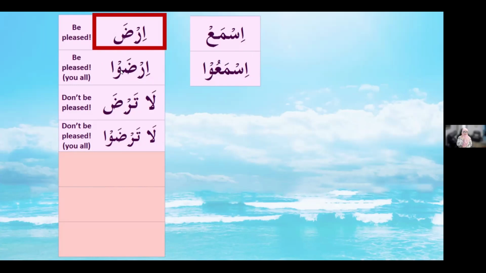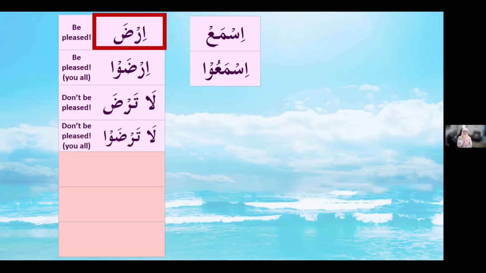It's difficult. So again, the same concept. To make it easy to say on your tongue, irda. So be pleased, and then irda. You all be pleased, irda.